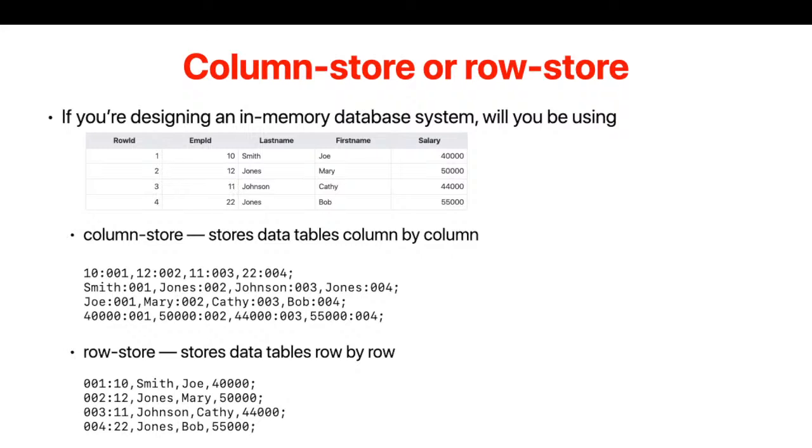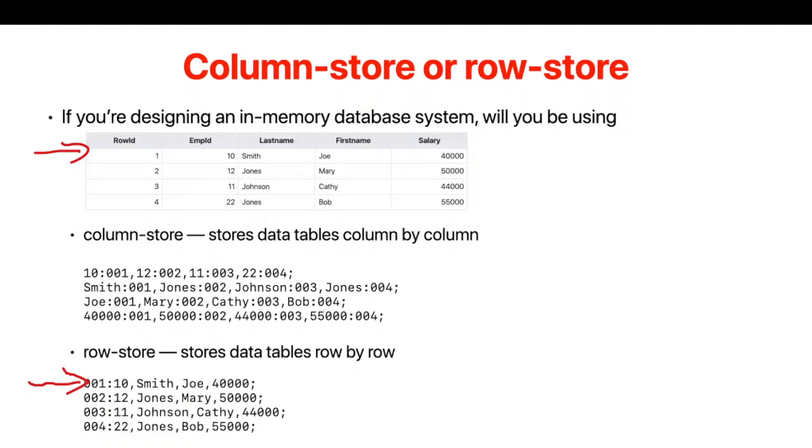So you might think if I have a table, like in Excel or in a database system, if I have a table like this, right? I have a row ID 110, Smith, Joe, 40,000, right? Then you might think, well, it's intuitive for you to store this data on a disk.